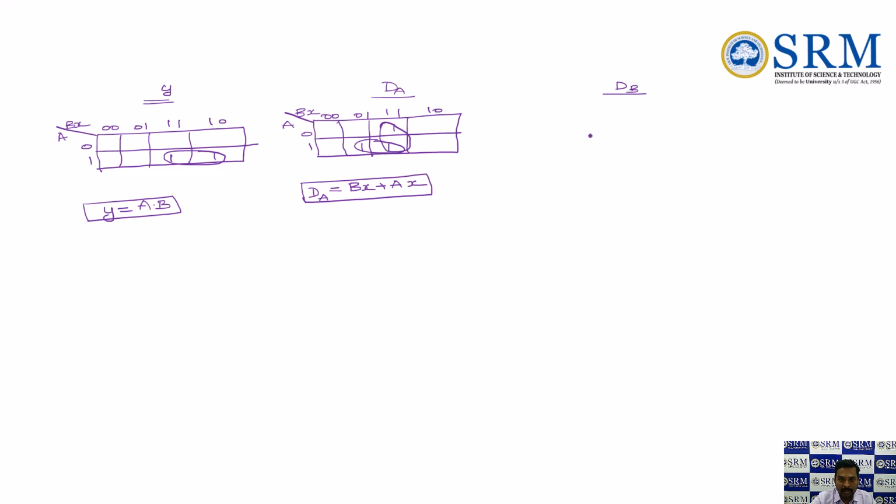So this is the input for the first flip-flop. Then you can go for DB. It's a 3-bit input variable K map. So 1, 2, 3, 4. So again the same A, BX, right? 0 0 0 1 1 0 1 1.